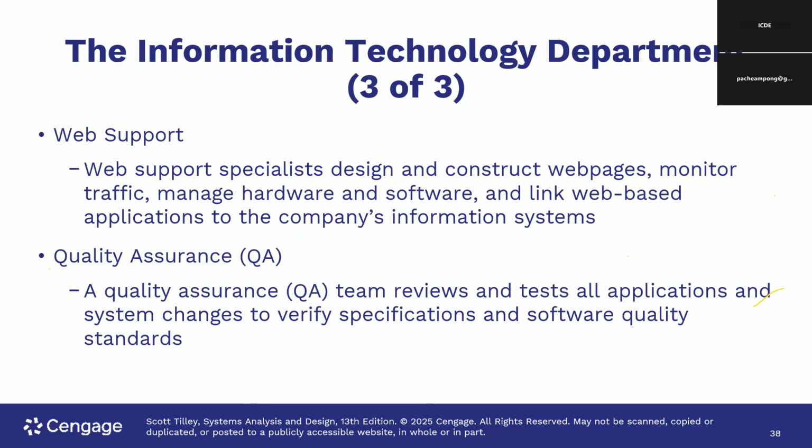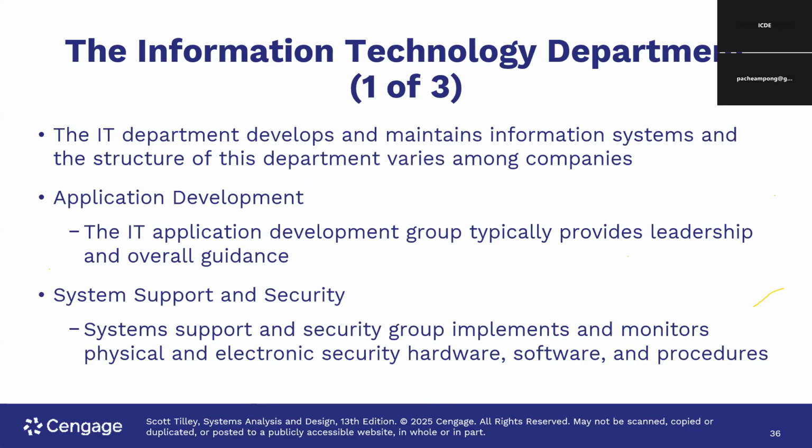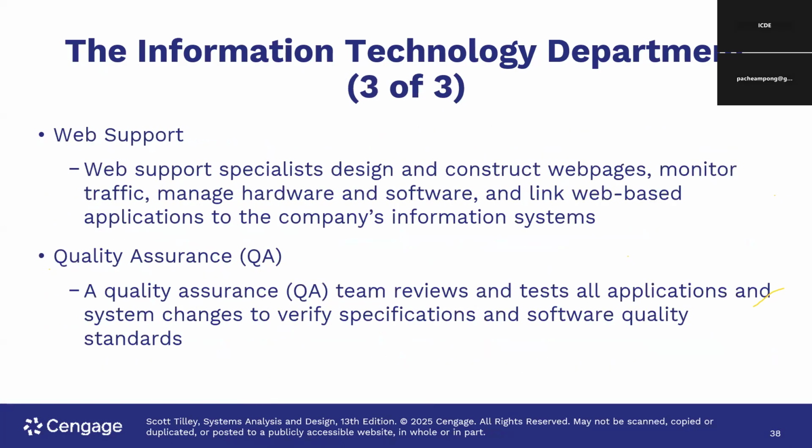They review and test all applications and system changes to verify specifications and software quality standards. So chances are you may be an IT person in a particular organization, but you may have quality assurance. You may not have application development. It doesn't mean that it's not a complete IT department. Okay. All right.